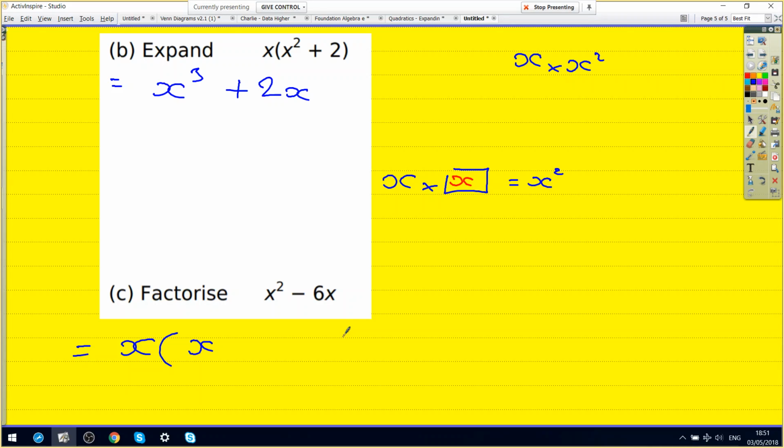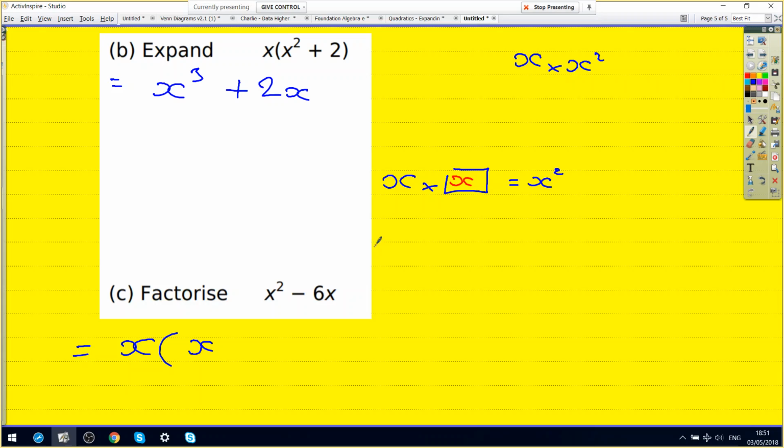And the second bit would be x times... would that be 7x or you're just taking an x out, so 5x.